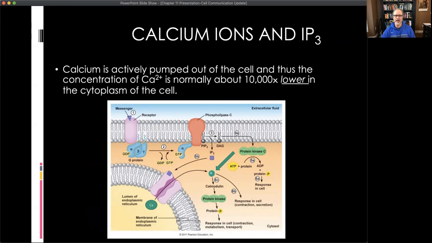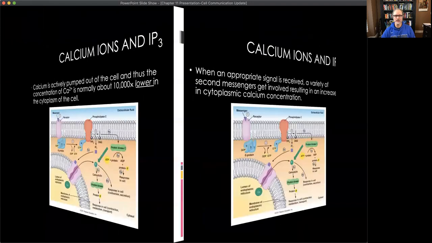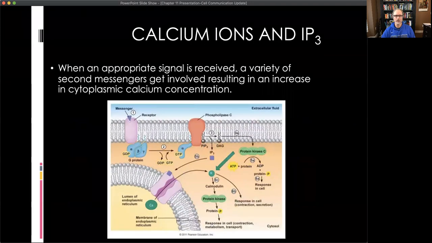So any sort of activity which is going to open the calcium channels and allow the calcium to rush in is going to increase the calcium ion concentration inside. Once this calcium ion concentration increases in the cytoplasm of the cell, that's what's going to activate these different cellular pathways.